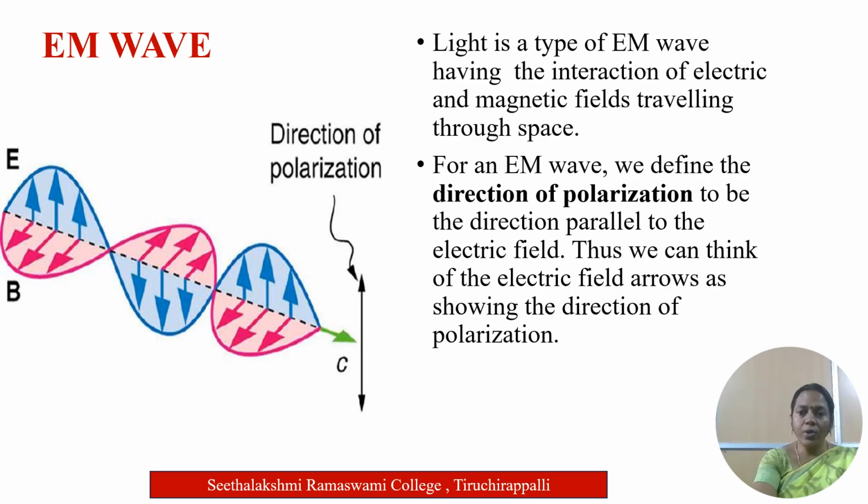As I already told you, the electric and magnetic vibrations of the light wave occur perpendicular to each other. So we have one plane occupied by the electric field and another plane occupied by the magnetic field perpendicular to it, and the direction of travel is perpendicular to both. So now we can think of these electric field arrows as showing the direction of polarization.